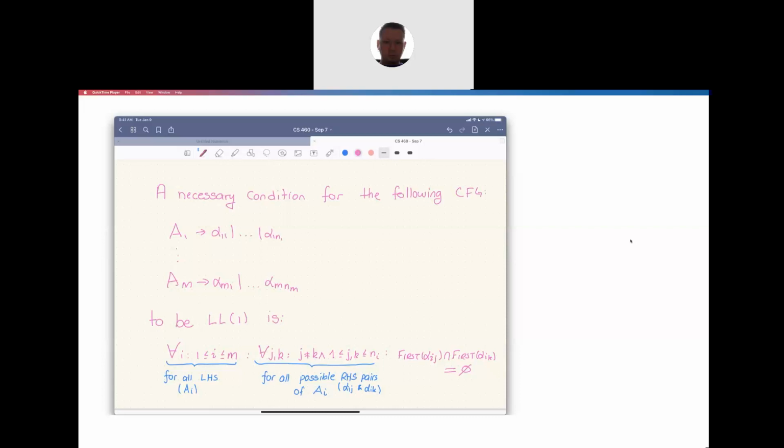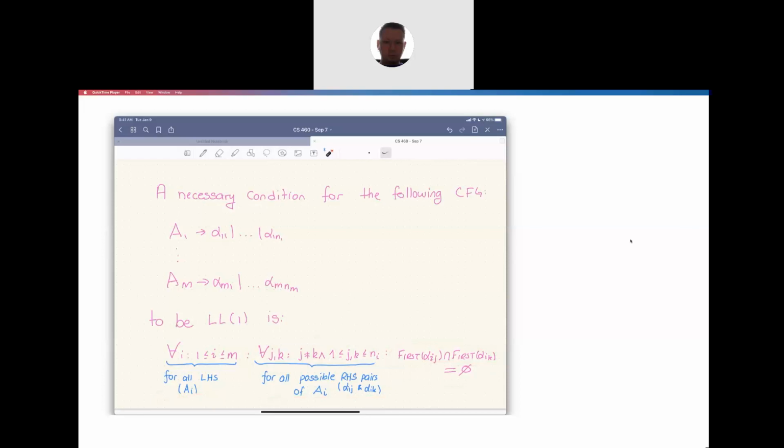It says that if I pick a left-hand side, alpha i, then for all combinations of j and k within the range of what's possible for that left-hand side, where they're not the same, their first sets must intersect to empty.